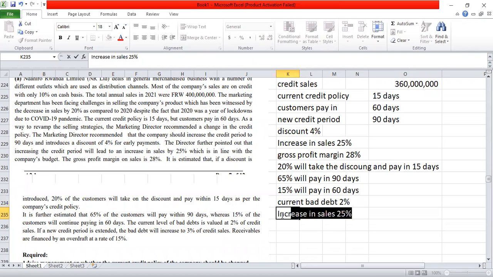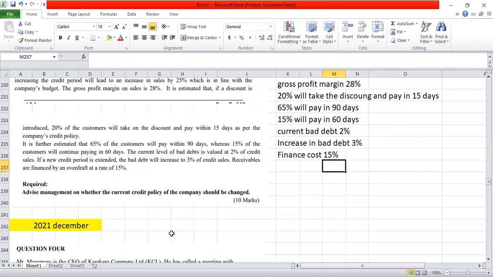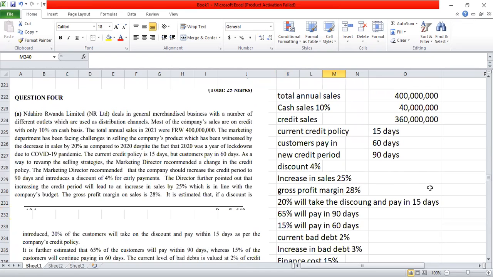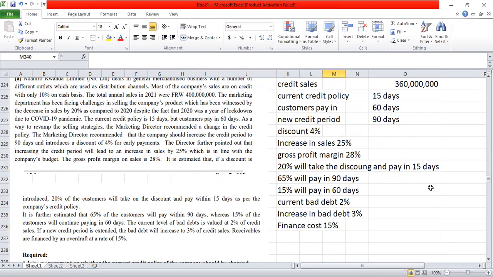Finance costs are 15%. Then, required: advise the management on whether the current credit policy of the company should be changed. I think this time I've captured the data that we need.